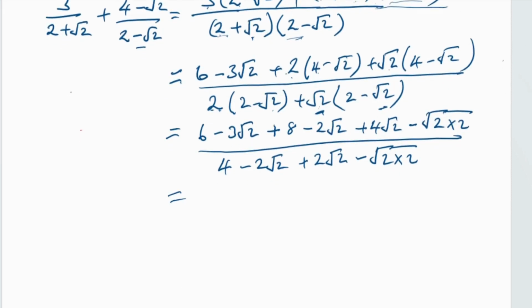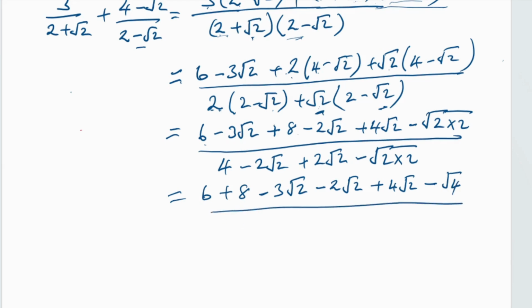Now, I put the like terms together: 6 and 8, the whole numbers, 6 plus 8, and then minus 3 square root 2 minus 2 square root 2 plus 4 square root 2 minus square root 4, over 4.